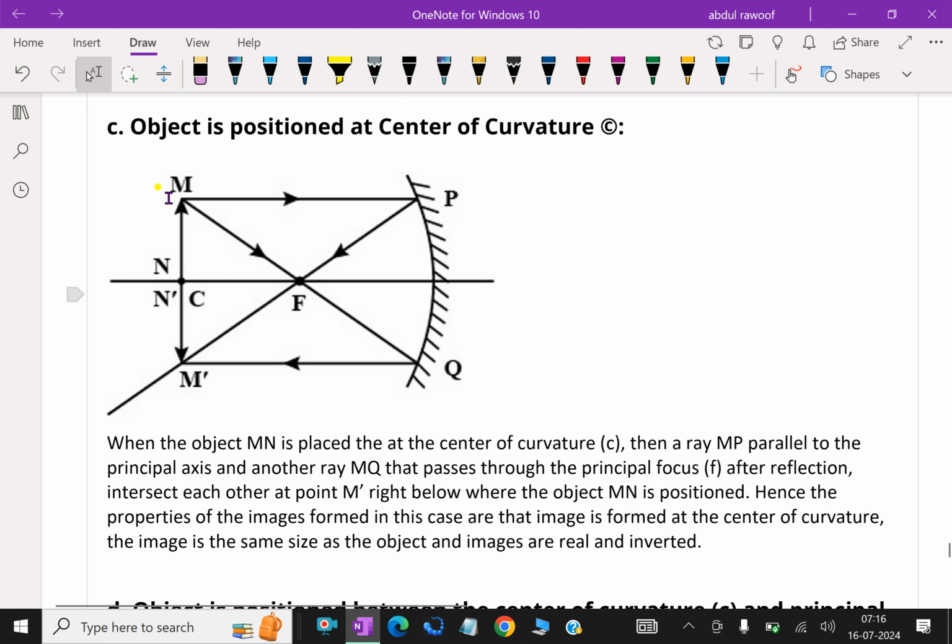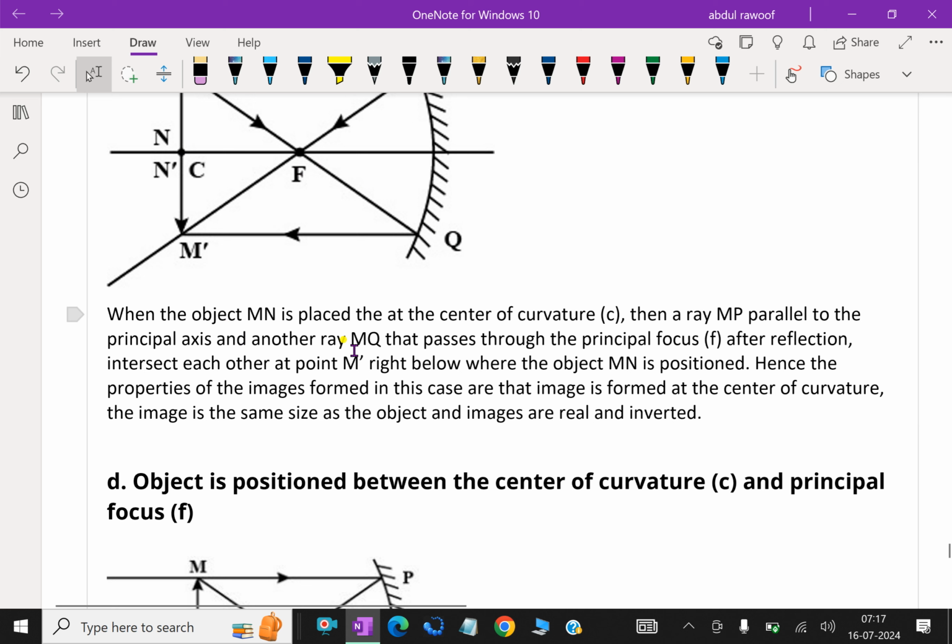That means the object is MN, and one ray passes parallel to the principal axis and comes back through F, and another ray from M passes through the focus. Look here, one ray from M is parallel and comes back to the focus, and another ray goes through the focus. And here the image is exactly equal in size and inverted, MN.